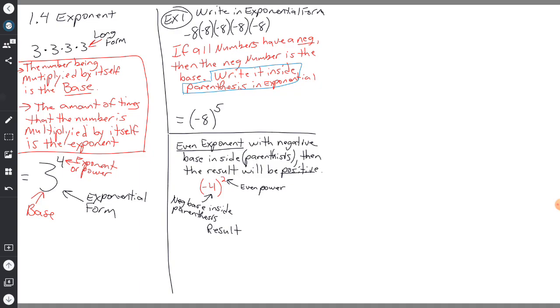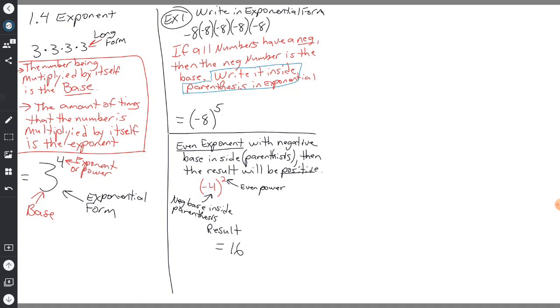So positive 16. And any even power works this way.